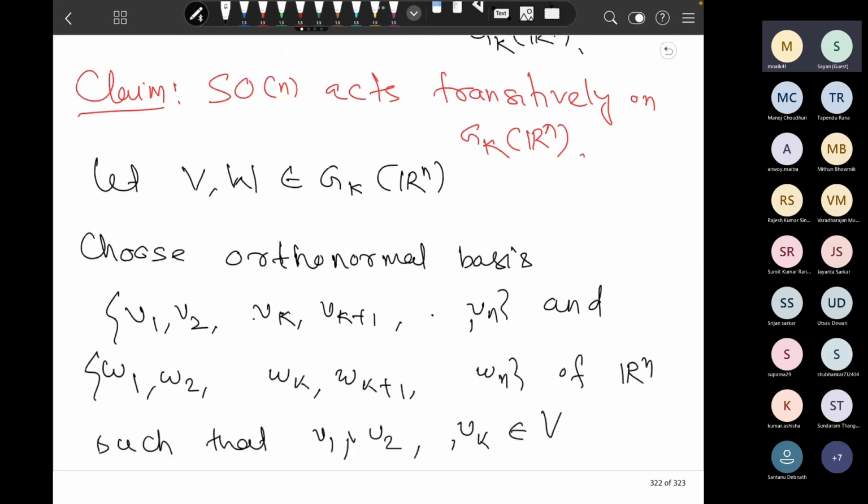Just choose an orthonormal basis v1, ..., vk of V and extend it to an orthonormal basis of R^n, and similarly choose w1, ..., wk an orthonormal basis of W and extend it to an orthonormal basis of R^n.